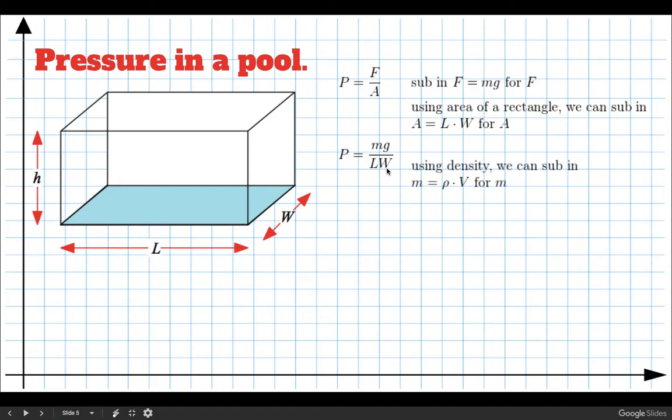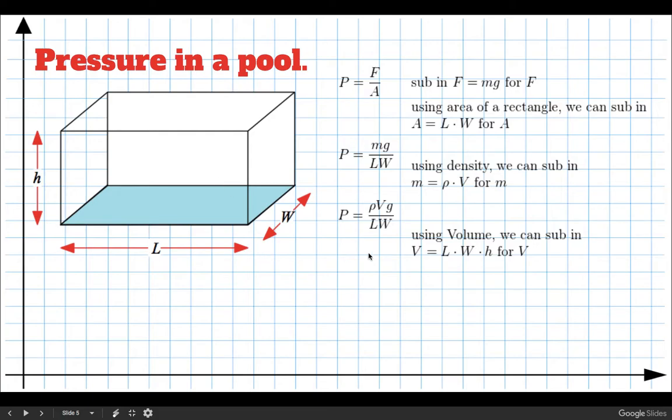Now, it's also possible to use the density of the water. The mass of the water will be the density times its volume. So I'm going to substitute that in here for the mass. So instead of mass, I'll have density times volume times g over L times W. And then lastly, we know the volume of this pool, the amount of water it holds, is given by the length times the width times the height.